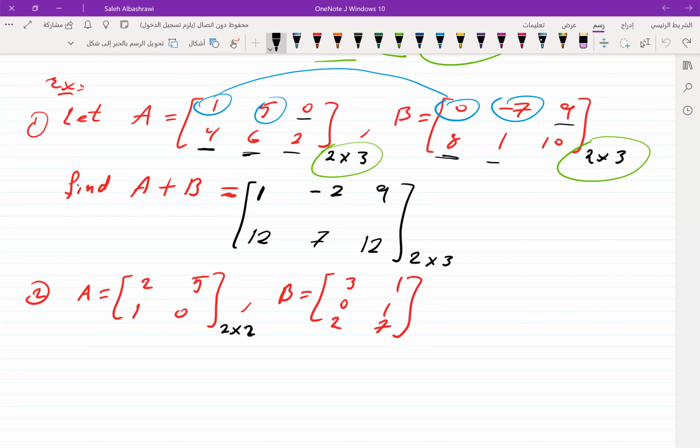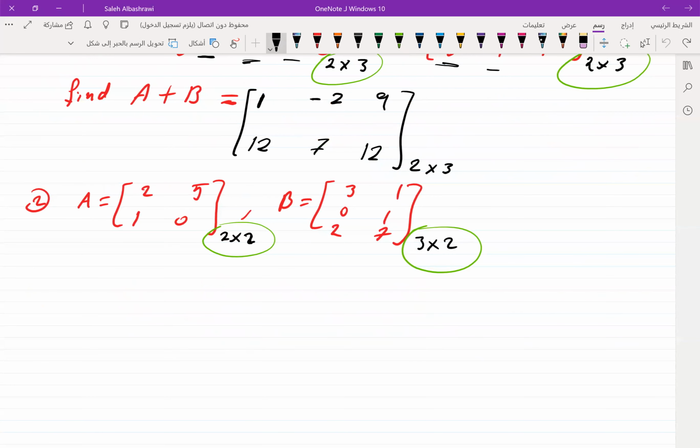B, 3, 1, 0, 1, and 2, 7, which is 3 by 2. And we can see that the size of the first matrix is not equal to the size of the second matrix. 2 by 2 and 3 by 2, they are not the same. So in this case, A and B can't be added, because they are not of the same size. So I cannot add A and B.